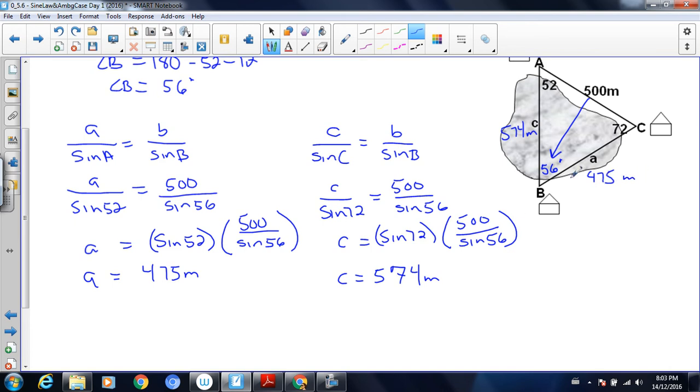Now, which cabin is closer? Well, if I take a look at my diagram, I can see that cabin C is actually closer. Don't get confused by looking at these.